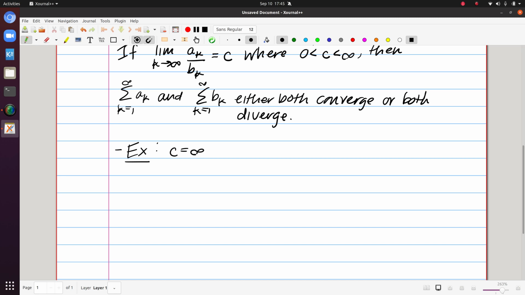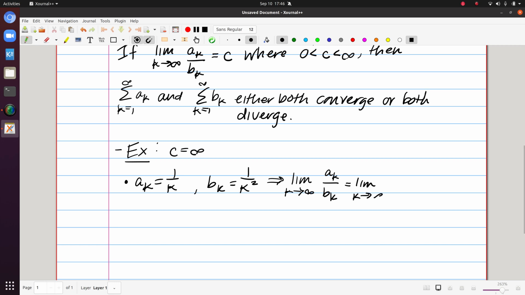So one way that this could occur is if I'm comparing a sub k, which is 1 over k, and b sub k, which is 1 over k squared. In this instance, the limit of, let's say, a sub k over b sub k is the limit of 1 over k divided by 1 over k squared, which, if you simplify this, multiply by the reciprocal, is the limit of k, and so we get infinity.